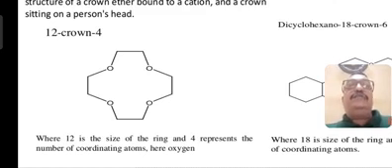So it is called 12 crown 4 ether, a cyclic ether. The word itself indicates ethers in a ring system where the carbon and oxygens are continuously joined.